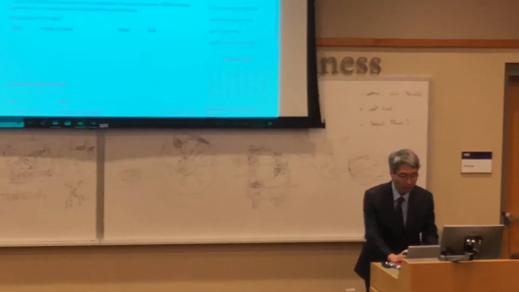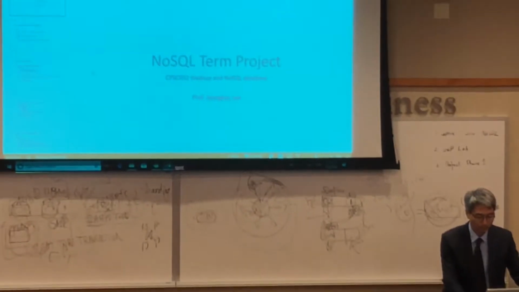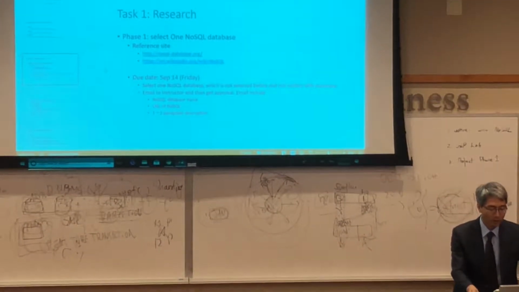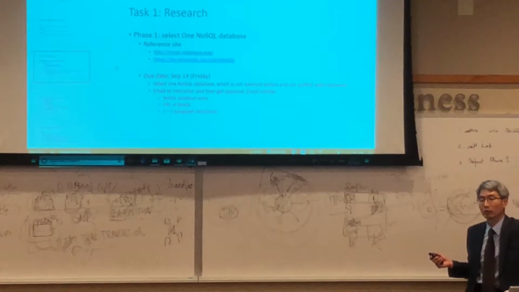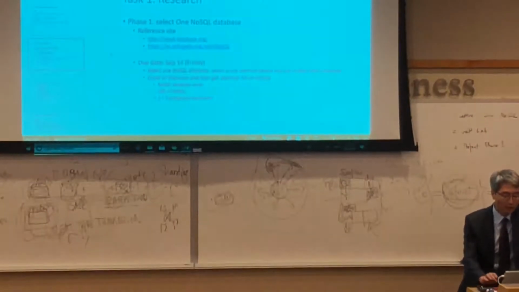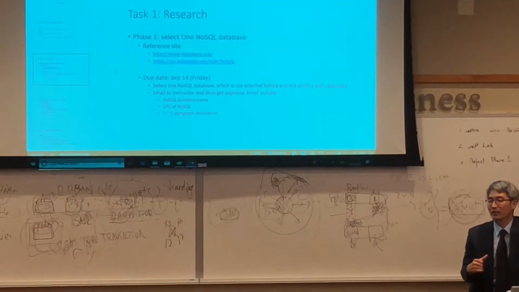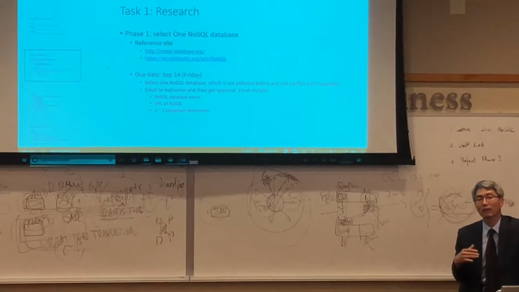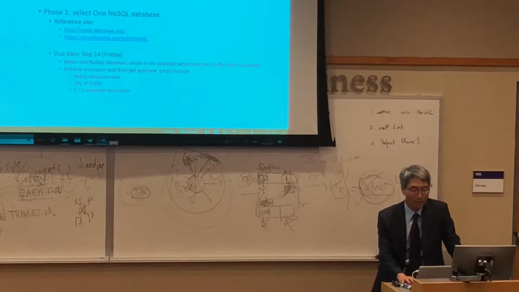The due date of this is September 14th, next week, the Friday. So you have around 10 days. That's just to select. Okay. So if your selected database is approved, you can start phase 2.